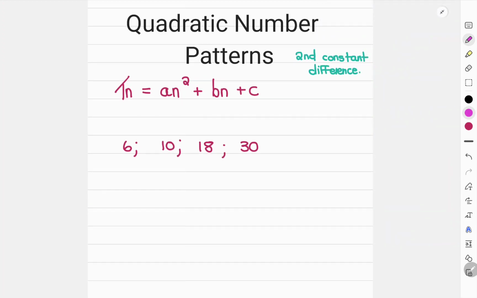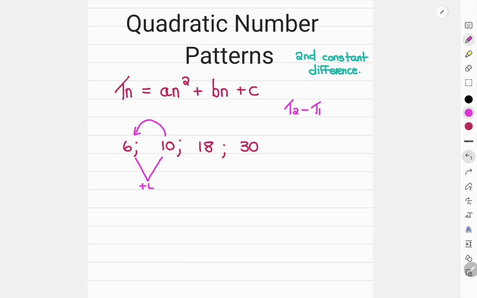If you don't know what is being added, you can always remember that it's term 2 minus term 1. We always start with the second one, because the first one we can't minus anything, there's nothing there to minus. So we start with the second one and minus term 1. So 10 minus 6 gives you that we are adding 4.